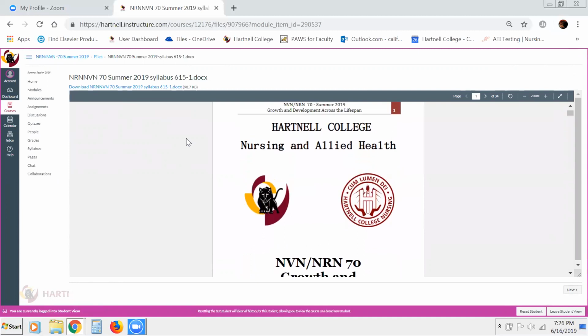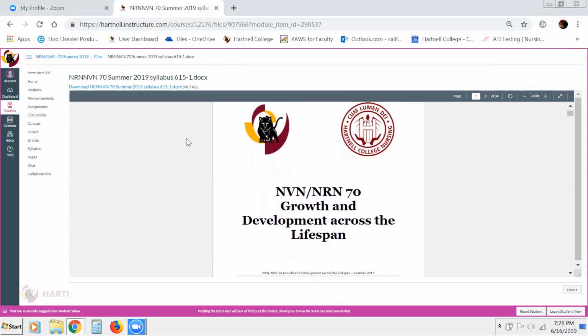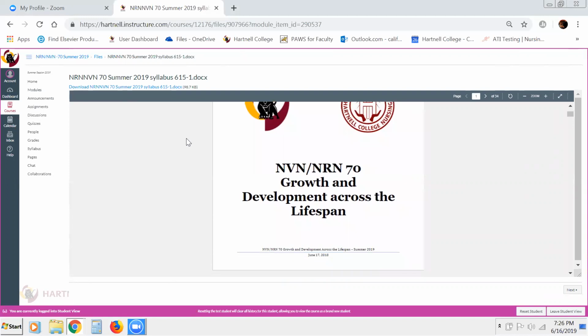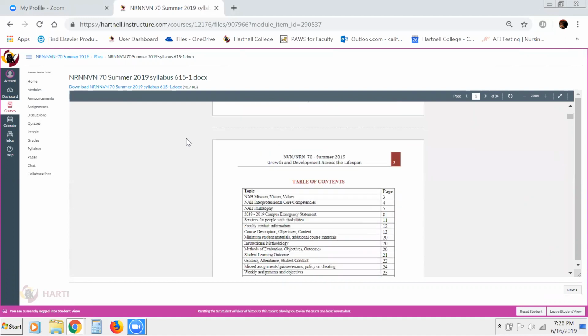In Nursing and Allied Health, the syllabi are the same in the initial beginning parts, and then they split off into the specific requirements for each course. So when you take other nursing courses, that's what you will find. So here is the course. Regardless of whether you signed up for NVN or NRN 70, you're all together. We're all together as one class.